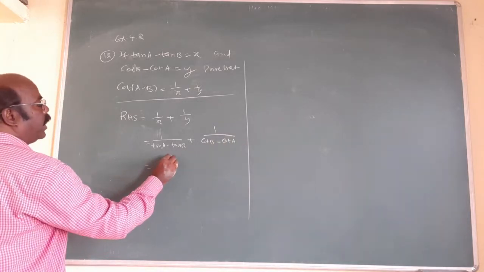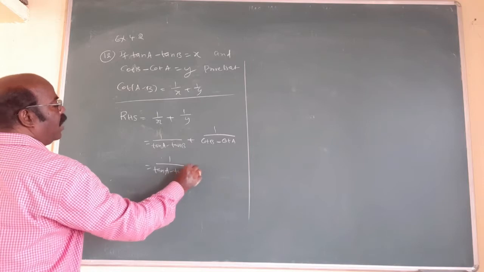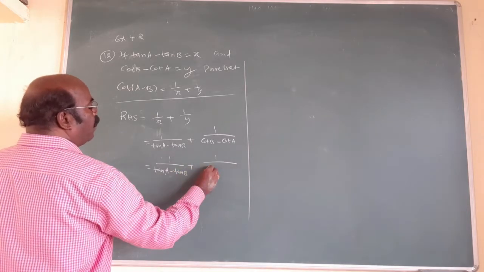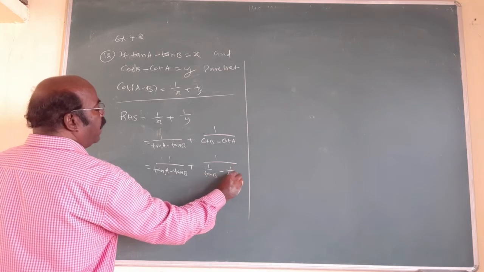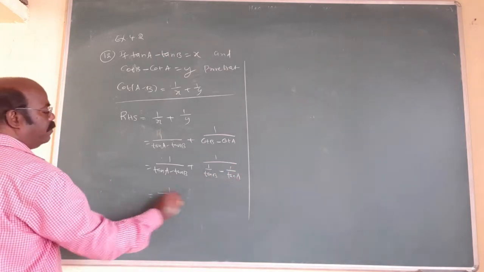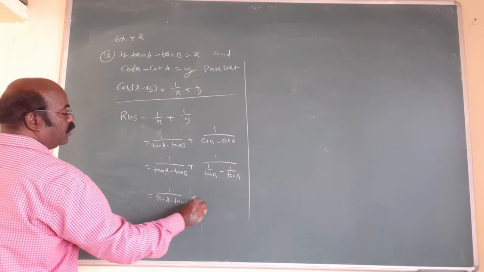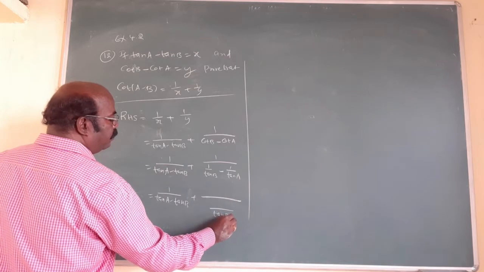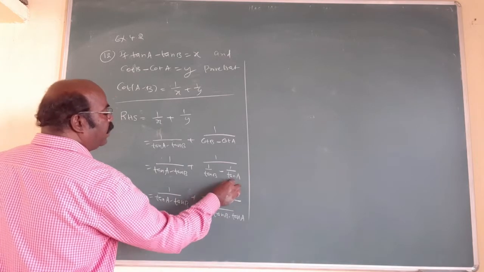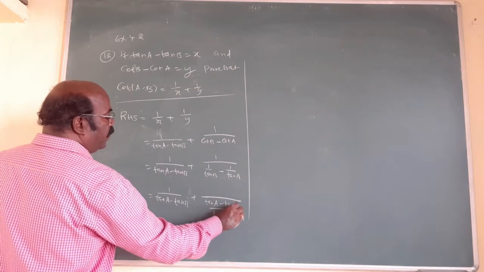Once again the same thing here, tan a minus tan b. Now the second is of the form cot, which is 1 by tan b minus 1 by tan a. Now take LCM. The first term, no change at all. Next, tan b tan a is the LCM. Cross multiply: tan a minus tan b.